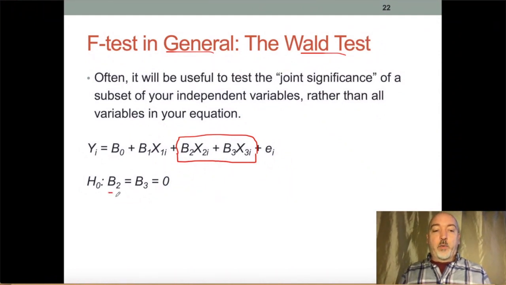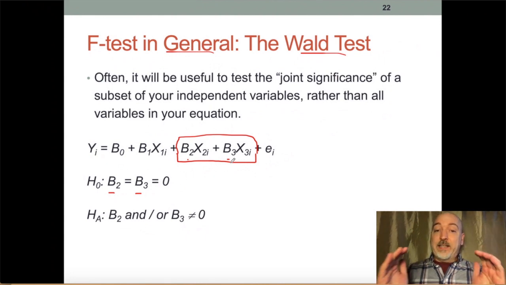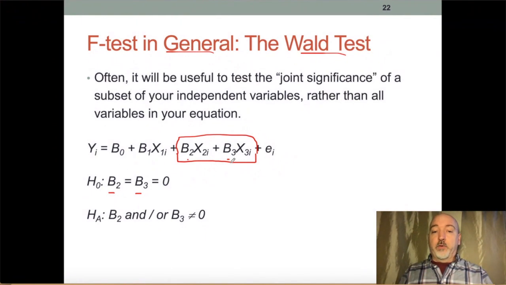In other words, can we reject the null that those two coefficients, b2 and b3, are 0, as opposed to the alternative where at least one of them is non-zero, that taken together, our model is better, right, with those variables included. They are jointly significant if we can reject that null.